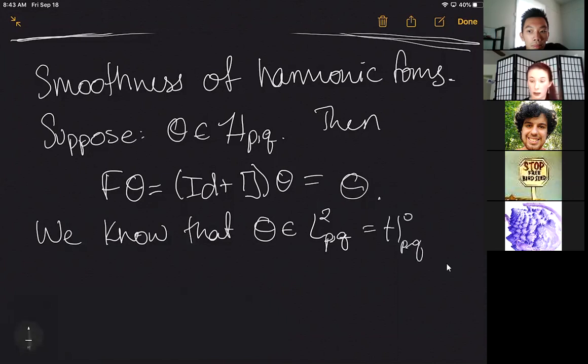But theta is now a solution to the equation f theta is equal to theta, which means by our regularity results, theta has 2 additional derivatives, which means that theta is in H2, but then that means it's also in H4, which means it's in H6, which means it's in H8, which means it's in H10, etc.